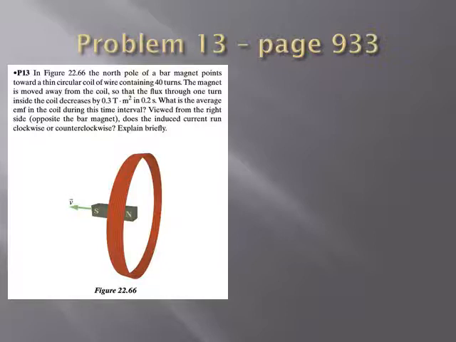The magnet is moved away from the coil so that the flux through one turn inside the coil decreases by 0.3 Tesla times square meters in 0.2 seconds. What is the average EMF in the coil during the time interval? And it says, viewed from the right side, opposite the bar magnet, does the induced current run clockwise or counterclockwise?